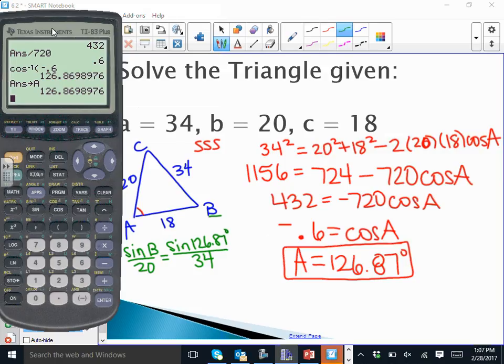Because now that we know A is 126.87 degrees, in our triangle we have side-side-angle, so we can set up that ratio, or that proportion. Does that make sense?